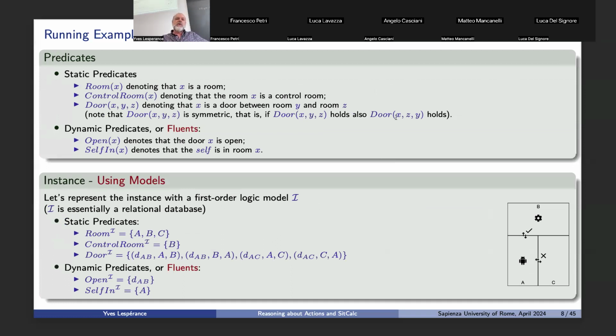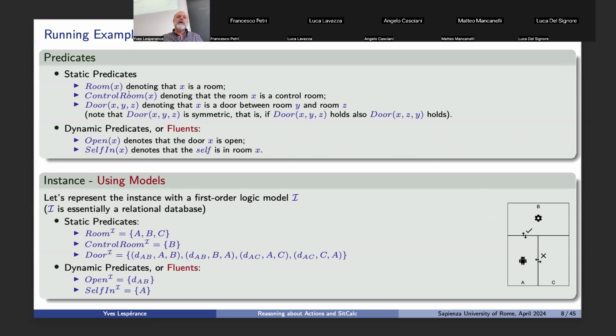Okay, so how do we represent this symbolically? We might start by thinking that we're going to have a certain number of predicates that don't change value. They're static. So these tend to be like typing predicates. So here we might have a predicate room that says that its argument is a room.